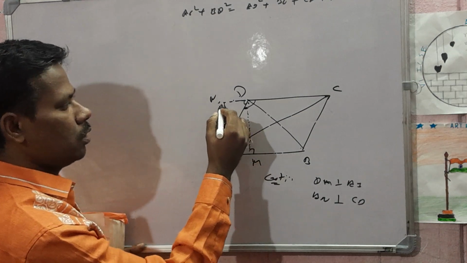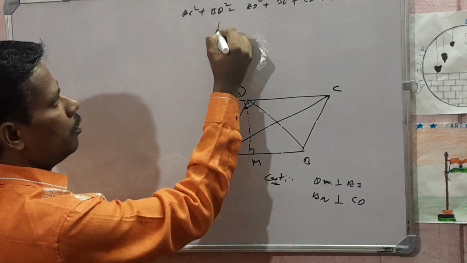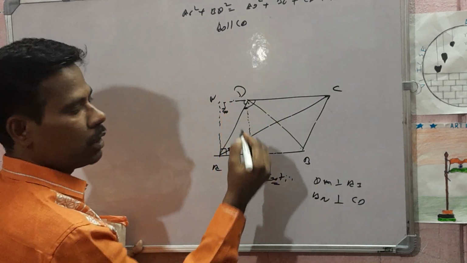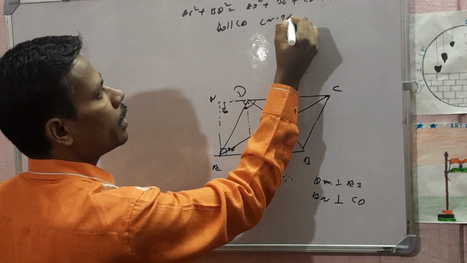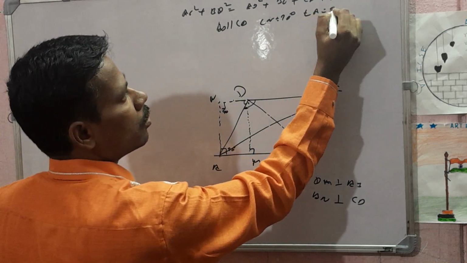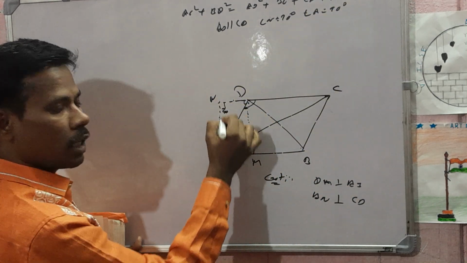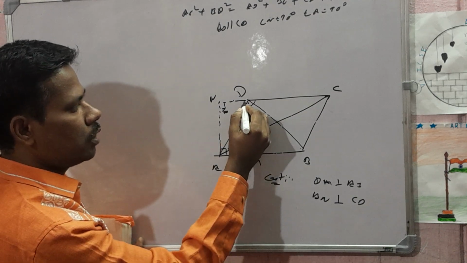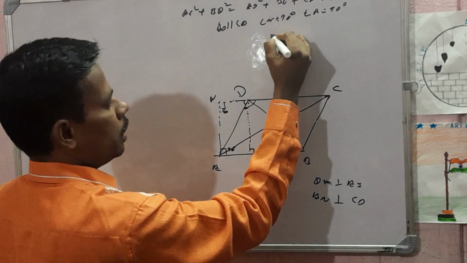What I am saying is, AB is parallel to CD, right? Angle N is equal to 90 degrees. So angle A is also equal to 90, because interior angles lying on the same side of a transversal are supplementary, 180. In the same way, if this is 90, angle M is also 90.